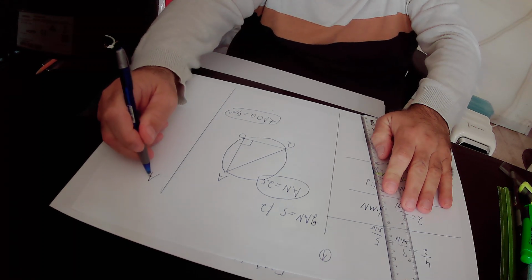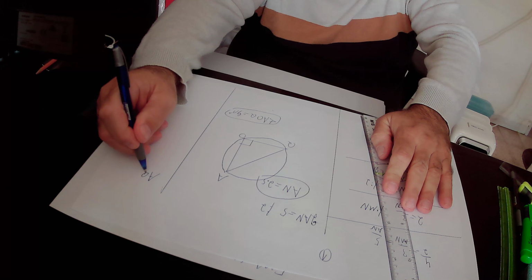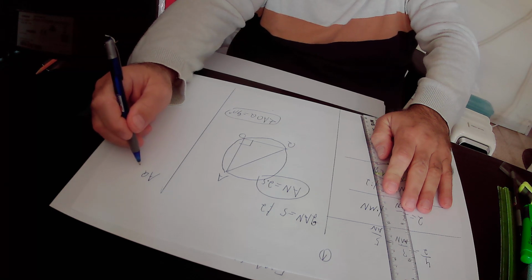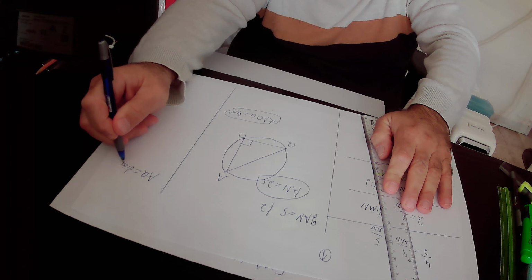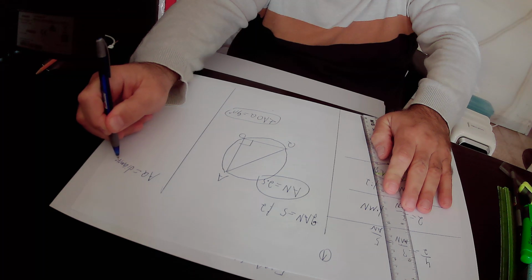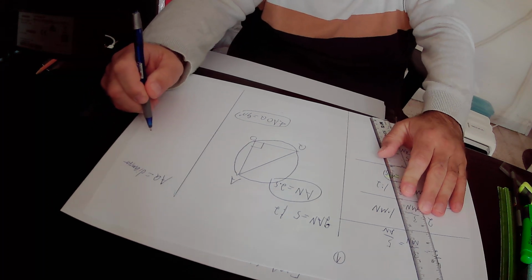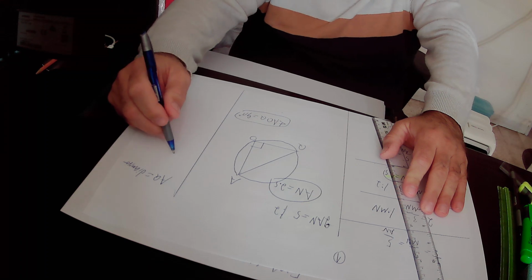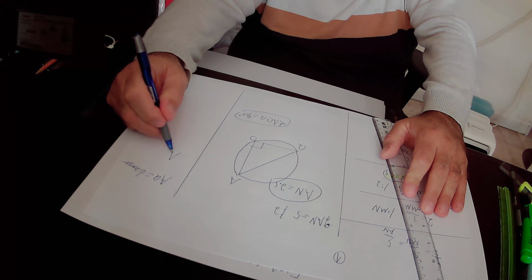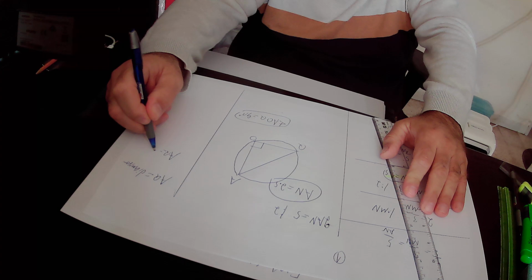AQ is the diameter of the circle, and it is given in the question that AQ equals 5 units.